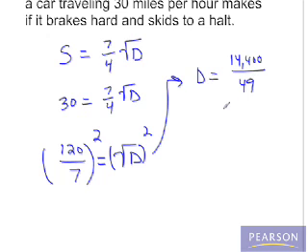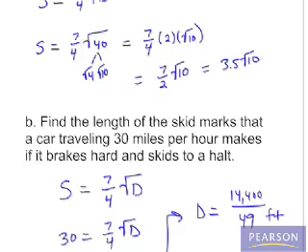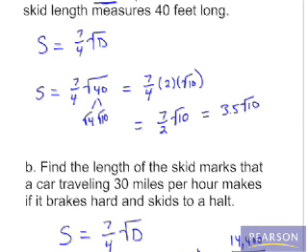So one correct form would be 14,400 over 49 feet, or you could also convert this to a decimal, and we get 293.88 feet.